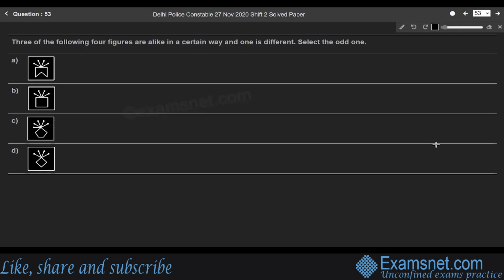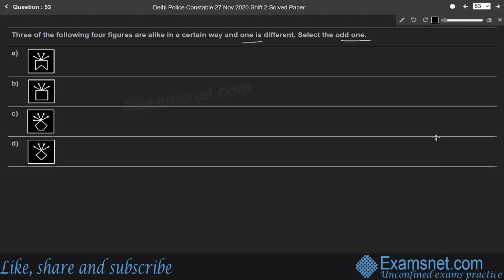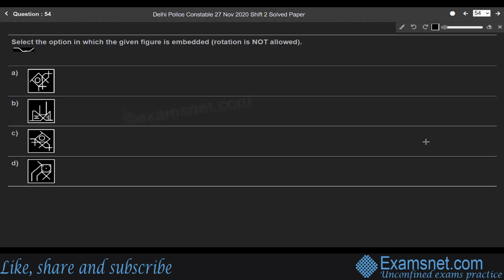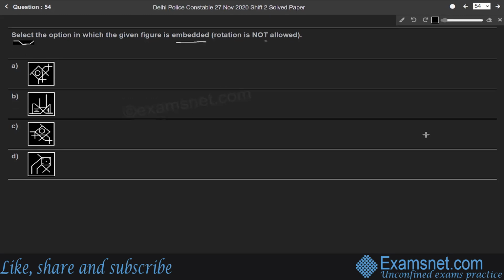Question 53. Three of the following four figures are alike in a certain way and one is different. Select the odd one. So here, in options B, C, and D, all are polygon figures. Therefore, option A is the odd one. Question 54. Select the option in which the given figure is embedded. Rotation is not allowed.